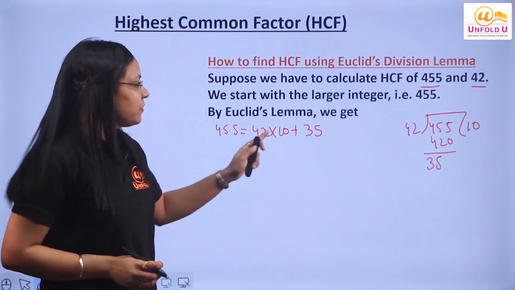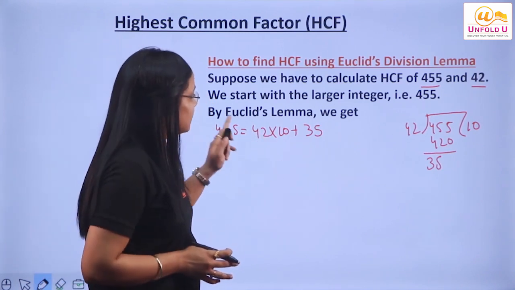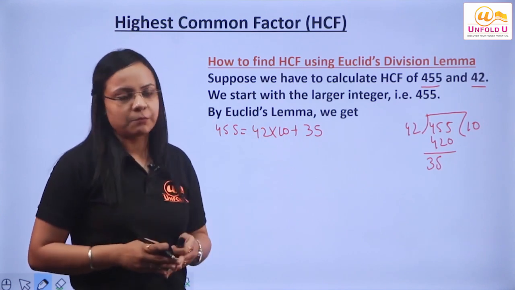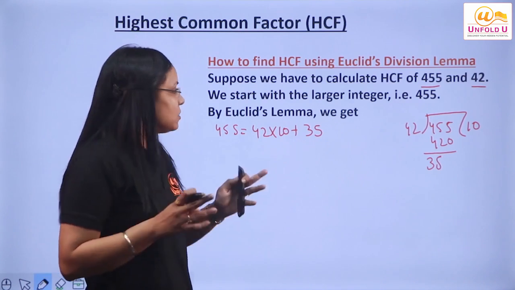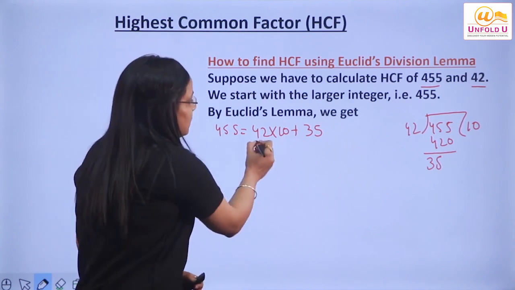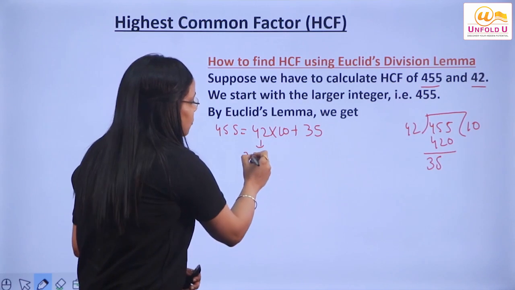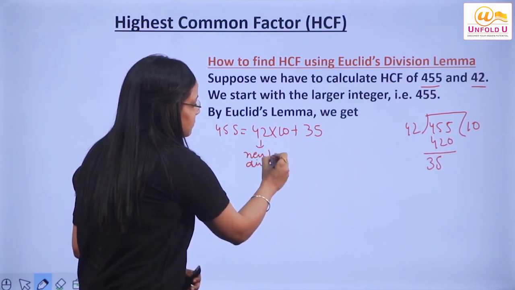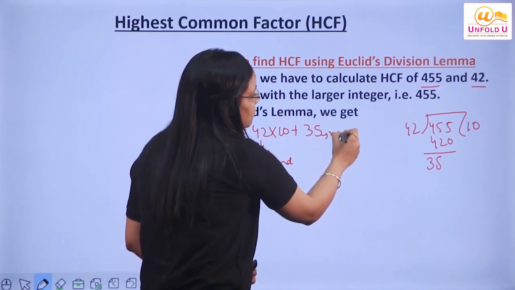Now see, if the remainder comes out to be 0, then the divisor at that step becomes the HCF of the two given numbers. Now here the remainder is 35, which is not equal to 0. So now what will we do? We take this divisor to be our new dividend and this remainder to be our new divisor.